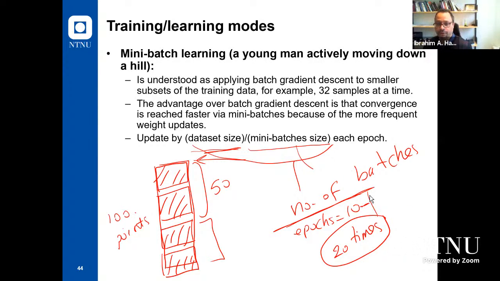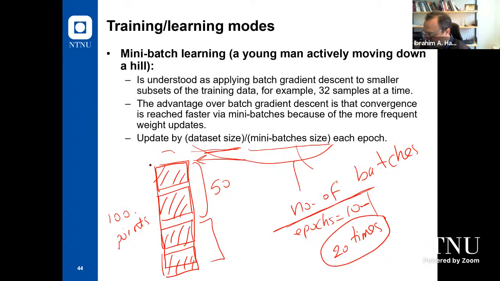If you use batch gradient, all data points will be just one batch, so we will update weights only one time each epoch. It will be 1 times 10. If it is mini batch gradient and we divided the data points into two mini batches, we will update the weights 2 times each epoch, so in total it will be 2 times 10, which is 20.